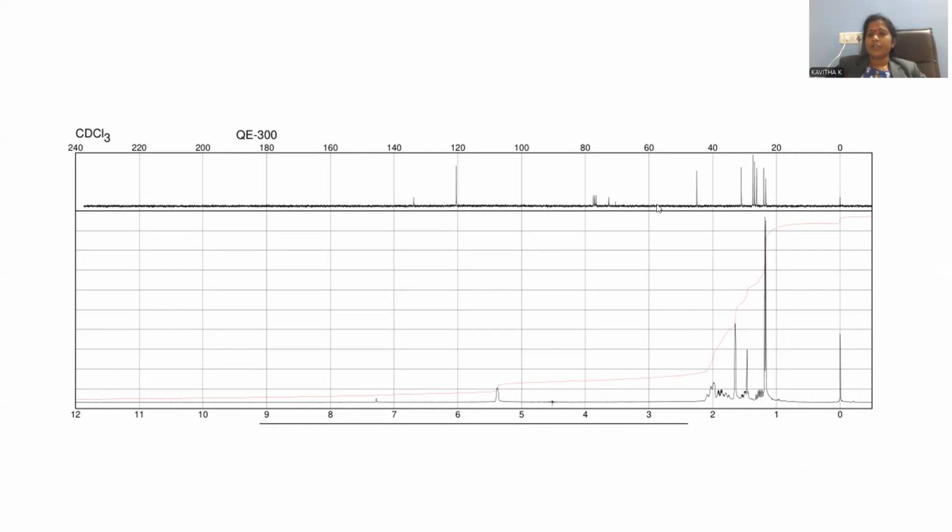In the high resolution spectra, you get the ppm values of the nature of the protons in the downward direction, and whatever is observed in the upward direction corresponds to the C13 NMR spectra, where within a single graph there is a provision to get the proton NMR and C13 NMR spectral details.